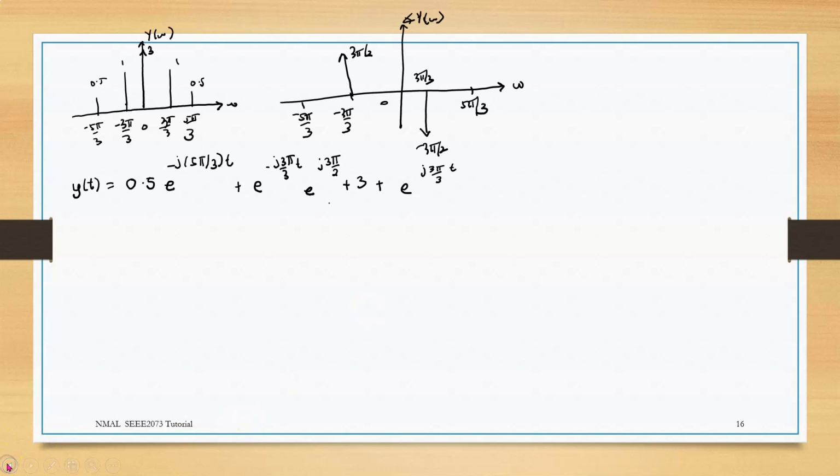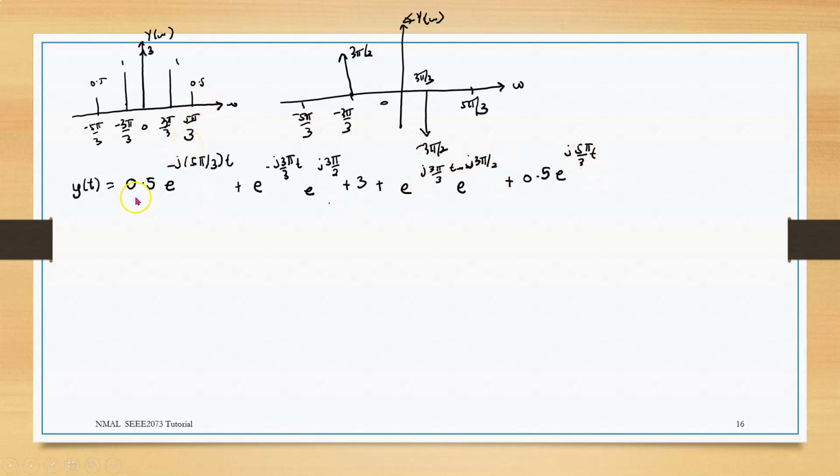So you multiply here by exponent negative j 3 pi over 2. Don't forget the j here. And then plus 0.5 exponent j5 pi over 3t, for omega equal to 5 pi over 3.